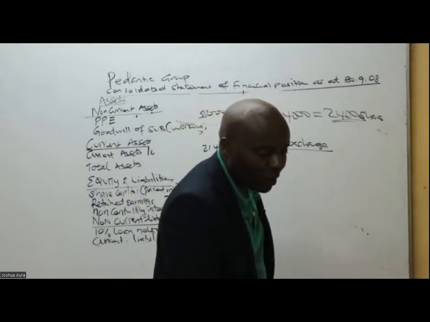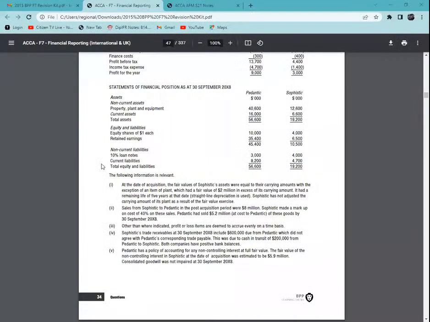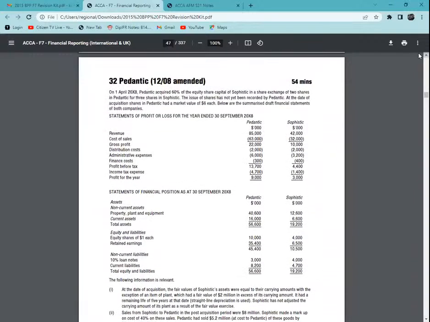What they've told us here, which is quite interesting: on 1st April 2018, Pedantic acquired 60% of the equity share capital of Sophistic in a share exchange of 2 shares in Pedantic for 3 shares in Sophistic.